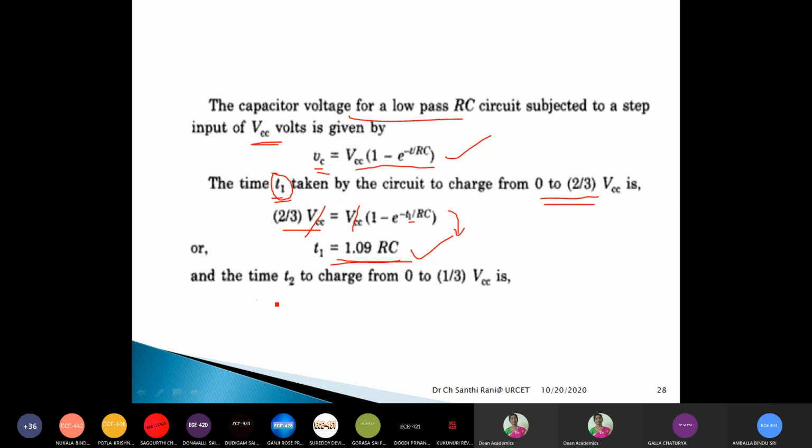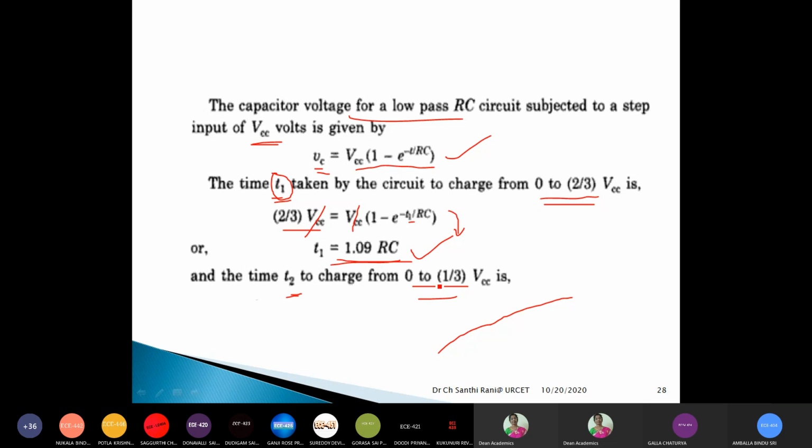Then let us define the time T2. Time T2 is to charge from 0 to 1/3 VCC, because it has to charge from 0 to 1/3 VCC and then from 1/3 VCC to 2/3 VCC.